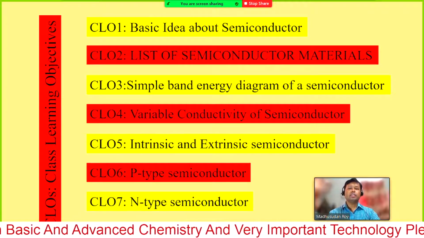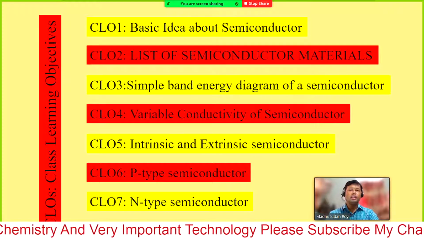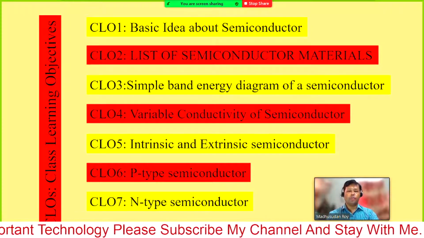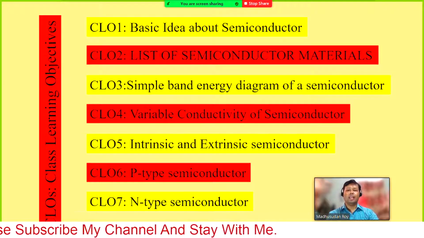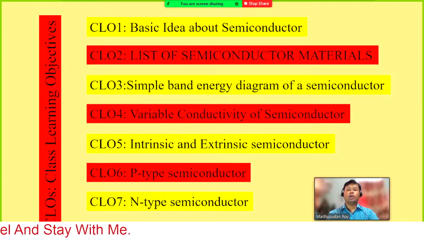But in that case we will consider the individual property of a crystal, or a unimolecule. However, if we consider a big crystal, in that case the energy diagram will be very complicated, so we are not going there.